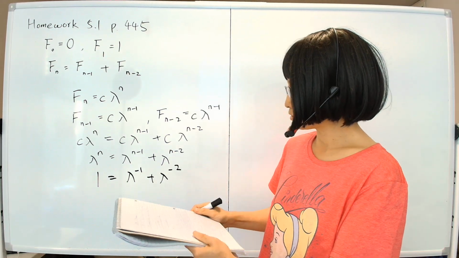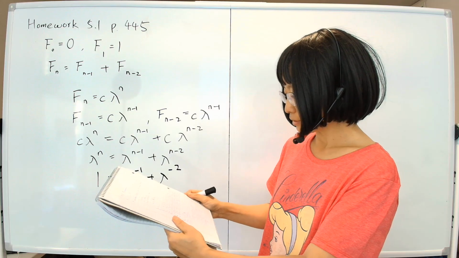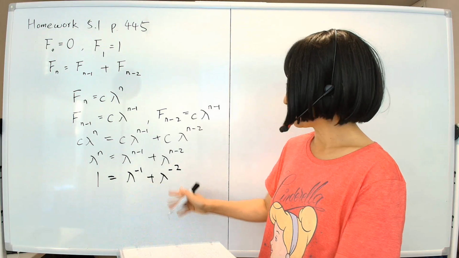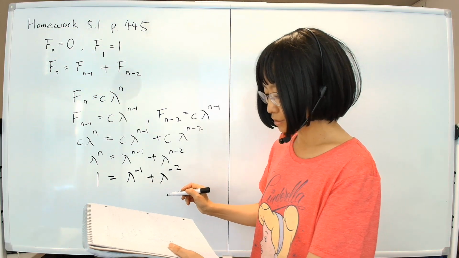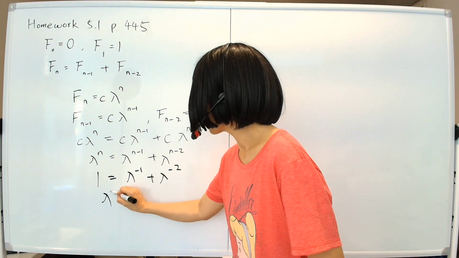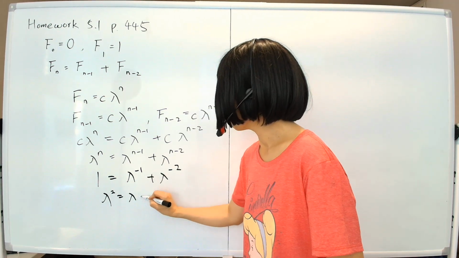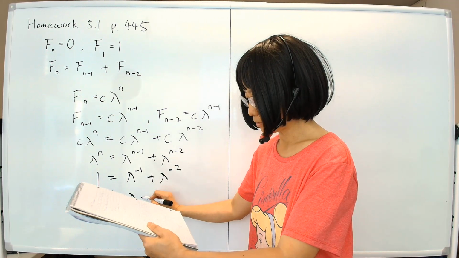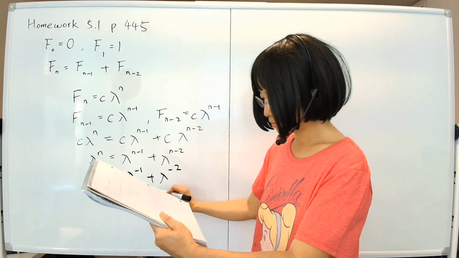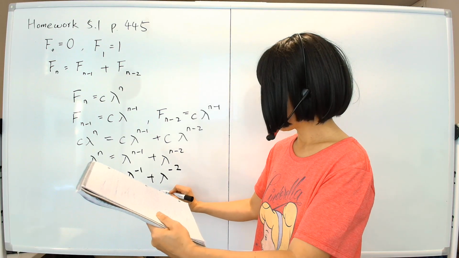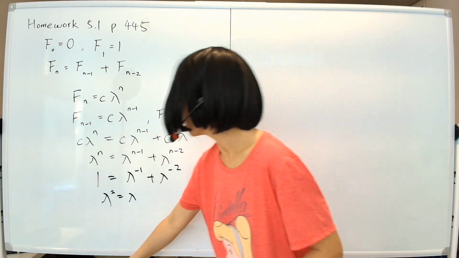That gives you a quadratic, which is lambda squared equals lambda plus 1, or something. Plus 1? Why is it plus 1? Well, actually I wrote that wrong, sorry.